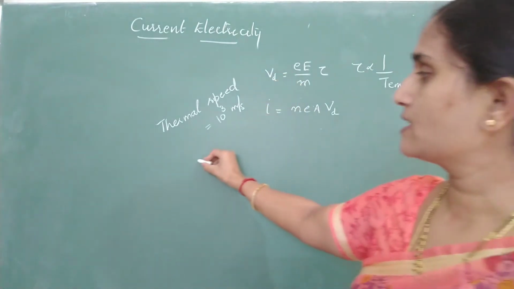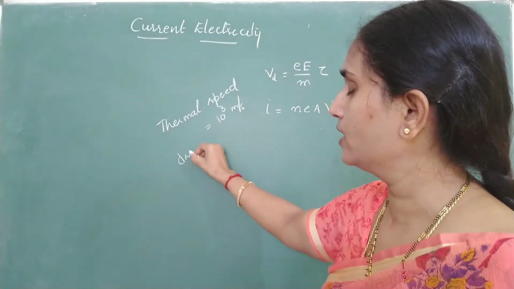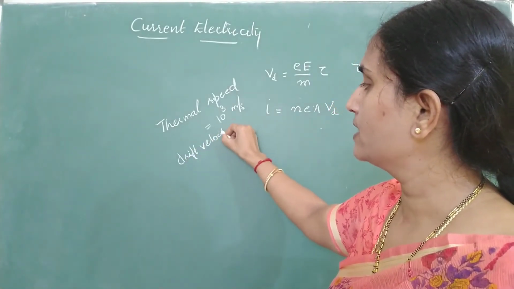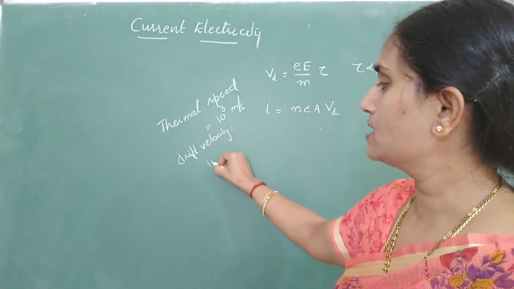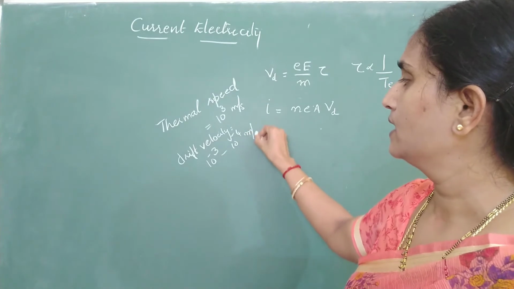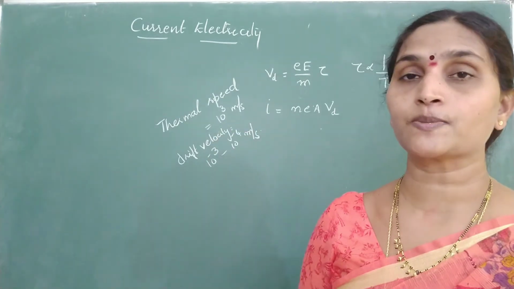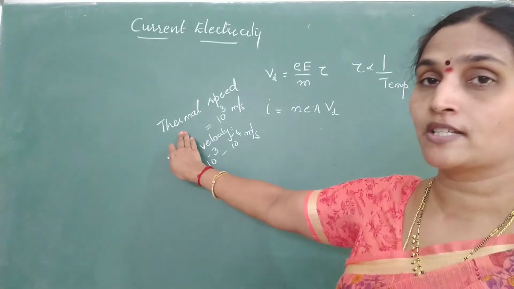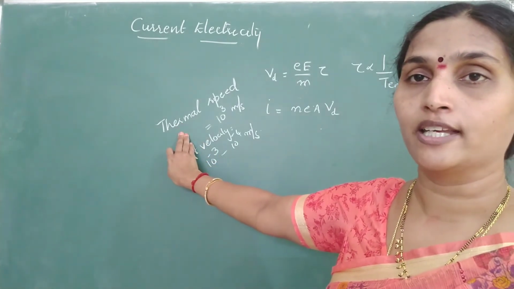Whereas drift speeds are very low. What is the order of drift velocity? Drift velocity will be very small, in millimeters, that means 10 to the power minus 3 to 10 to the power minus 4 meter per second. Though drift speeds are very small, they contribute to electric current. Though thermal speeds are very high, they do not contribute to any electric current.